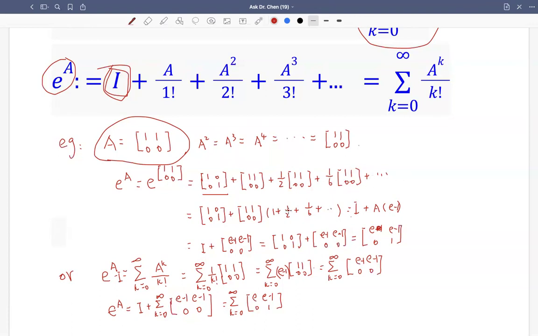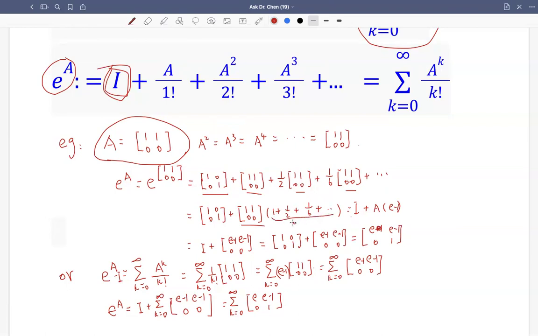In this case, we see A is a common factor, so we can factor out A. Then the coefficient of the matrix A is 1 divided by 1 factorial, plus 1 divided by 2 factorial, plus 1 divided by 3 factorial. Right? So that's just e minus 1.